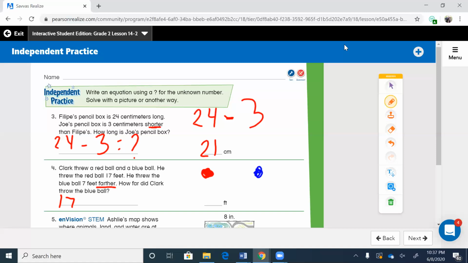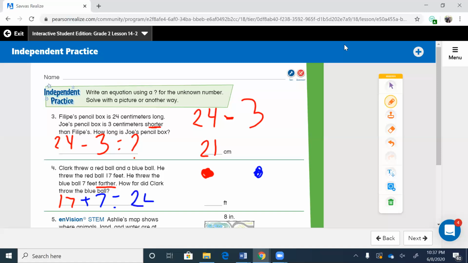All right, so we're going to have to add 17 plus 7. When it's small numbers, I tend to just use my fingers or count it in my head. So 17, put up 7 fingers, 17 in your head. 18, 19, 20, 21, 22, 23, 24.